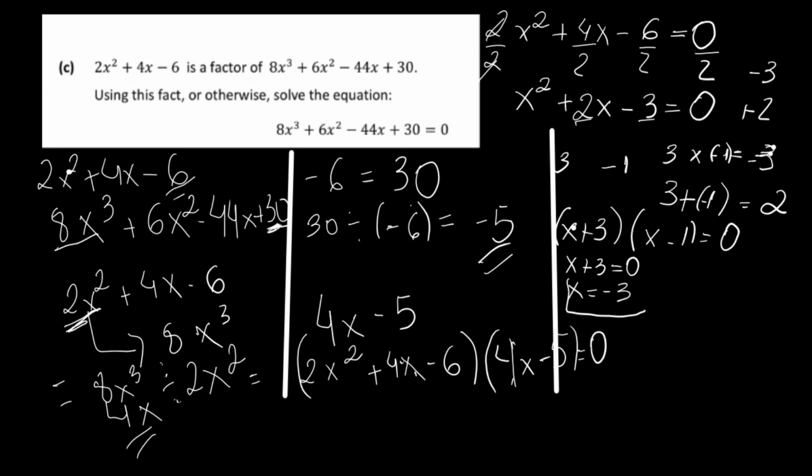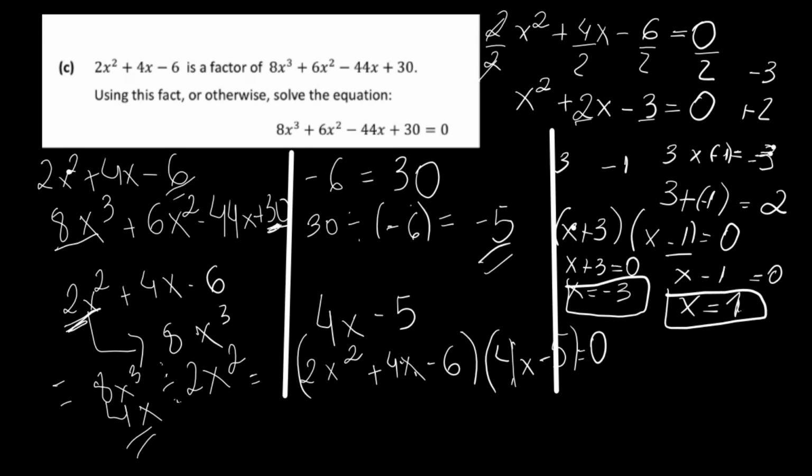So we find our first solution. And x minus 1 equal to 0, so x is equal to 1. So we find the two solutions of the quadratic.